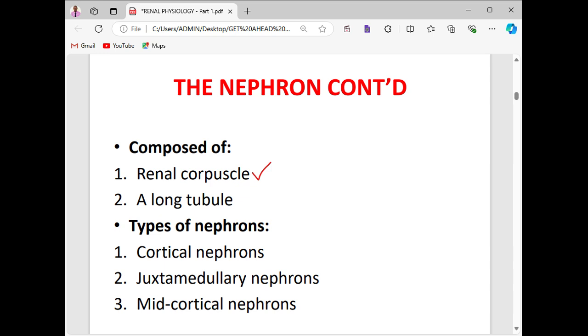We'll look at the renal tubule in detail later. Functionally it is divided into segments: the proximal convoluted tubule, the loop of Henle, and the distal convoluted tubule.